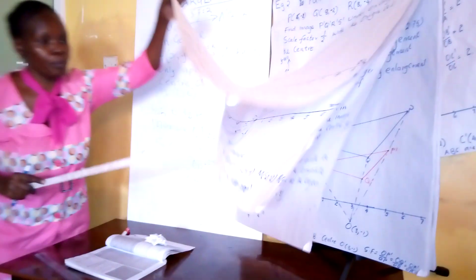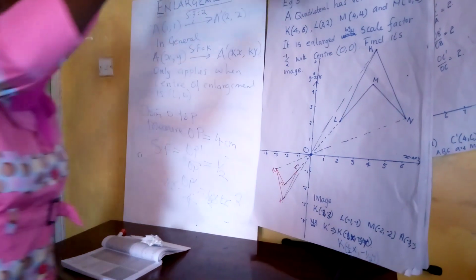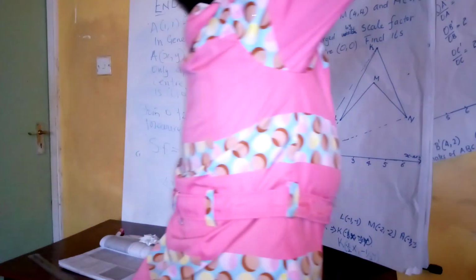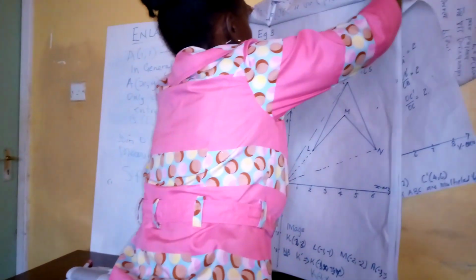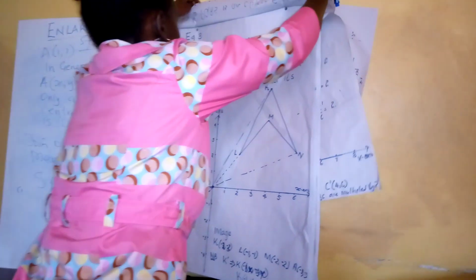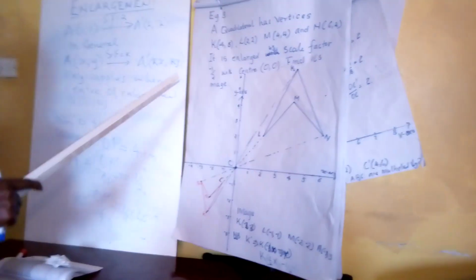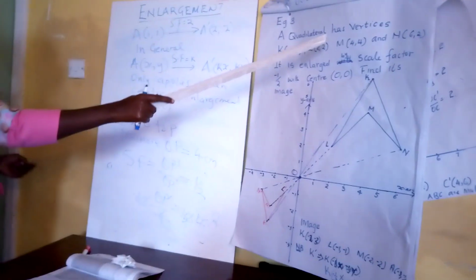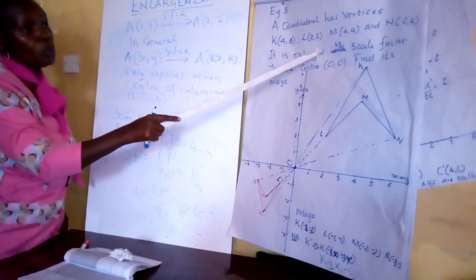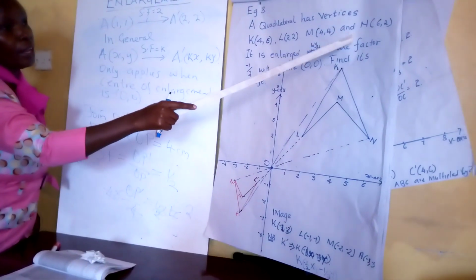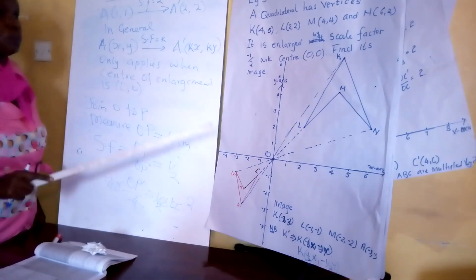The third example we are going to do is one where we have a negative scale factor. We have been given a quadrilateral that has vertices K (4, 6), L (2, 2), M (4, 4), and N (6, 2).